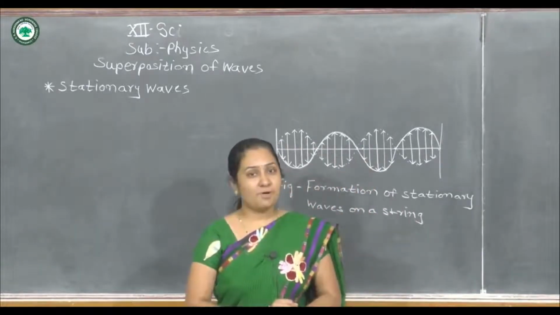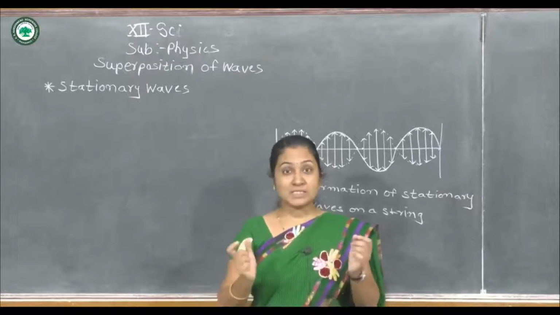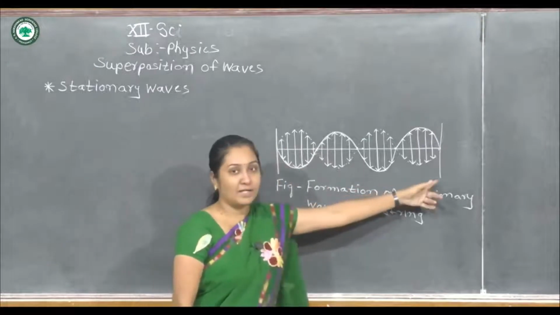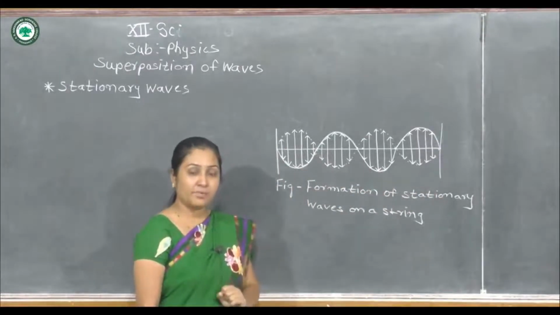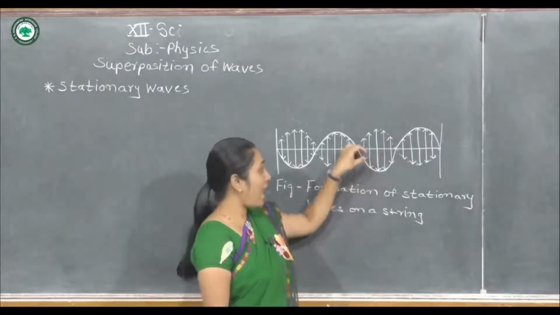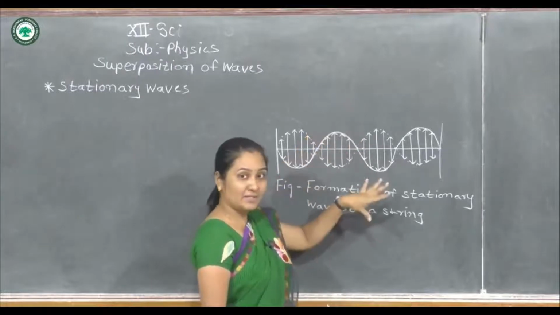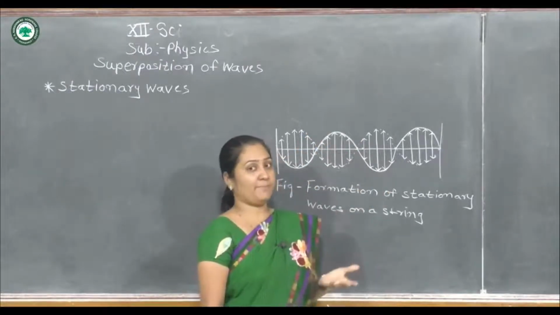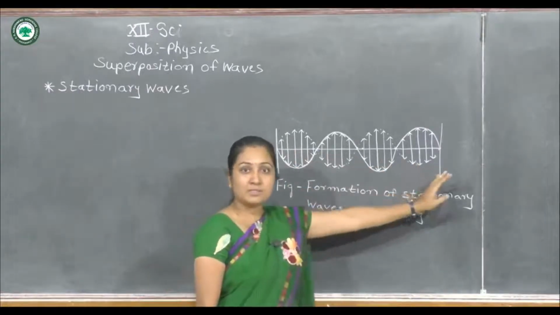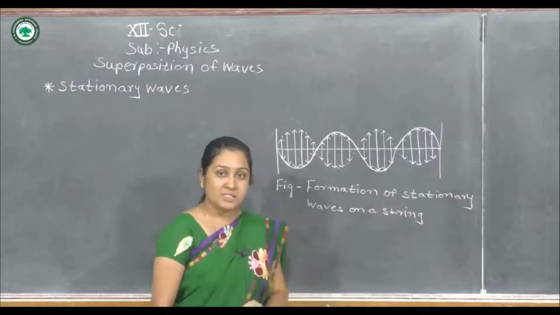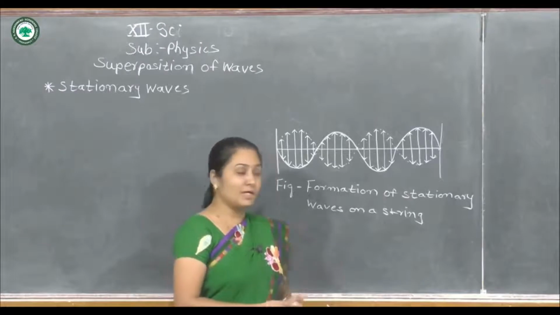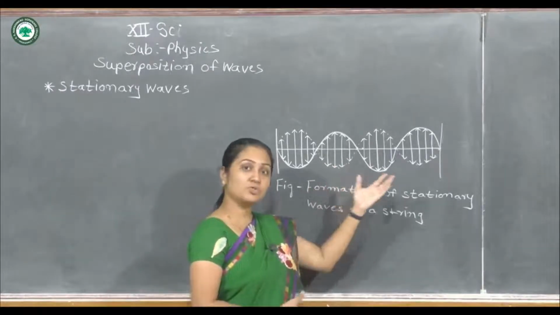So the stationary waves means, suppose we have one string. If we fix that string at two ends, then if we pull the string at the middle and then release it, the string gets vibrating. So these are the vibrations produced in the string. This vibration produces two progressive waves which are moving in opposite directions to each other.